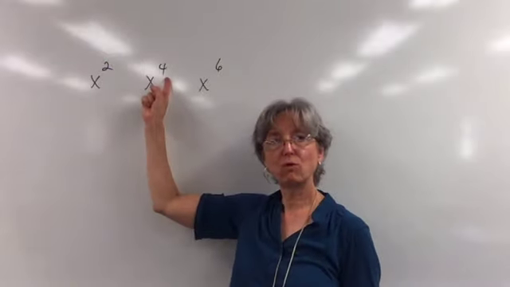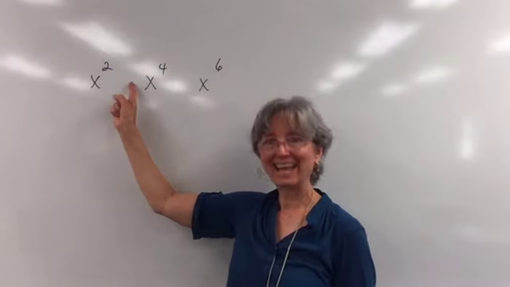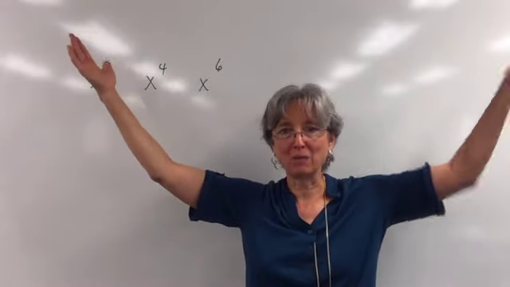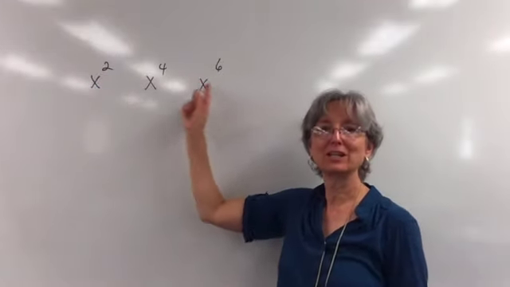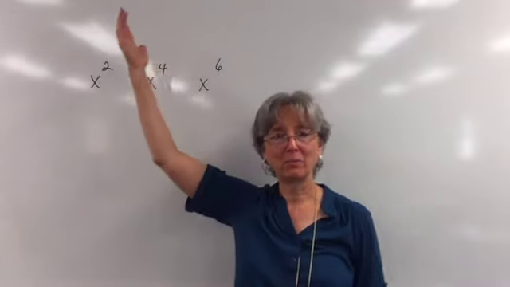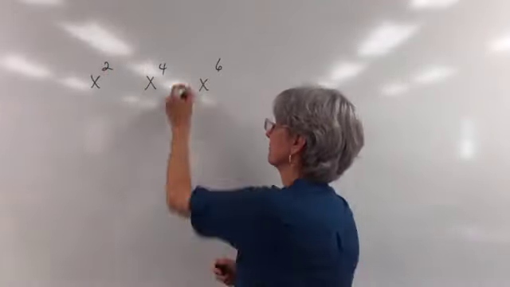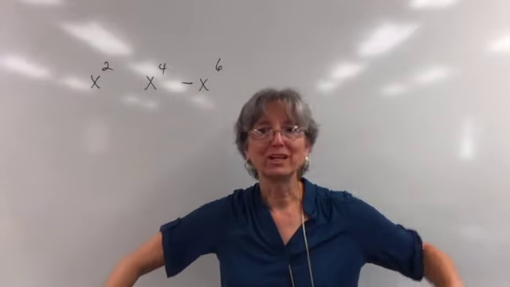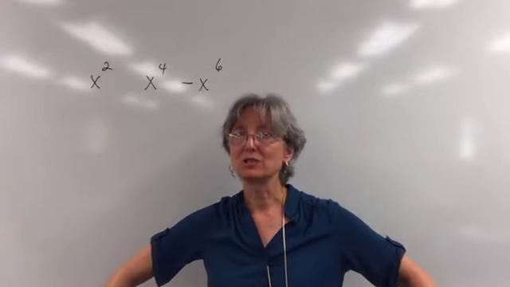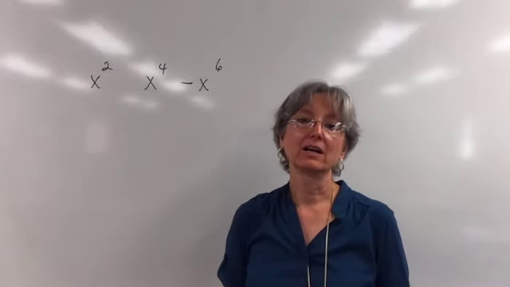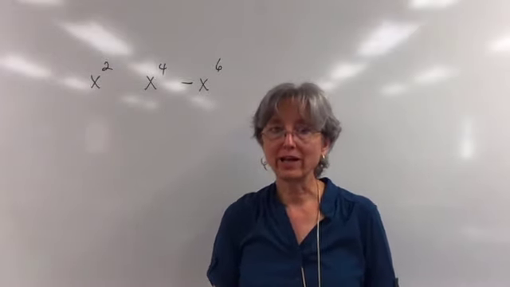If this is 4th degree and this is positive, up and up. If this is 6th degree and this is positive, up and up. If they are negative, down, down. Do you see? Just like we learned in quadratic, any even degree works the same way.